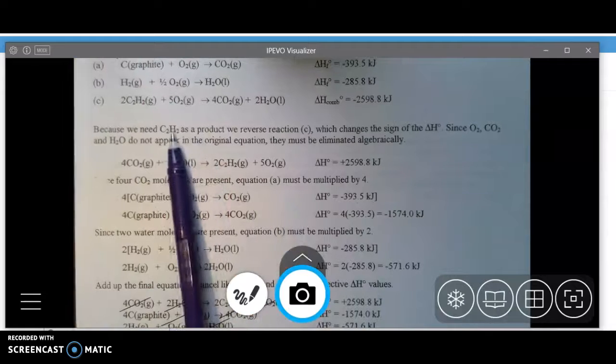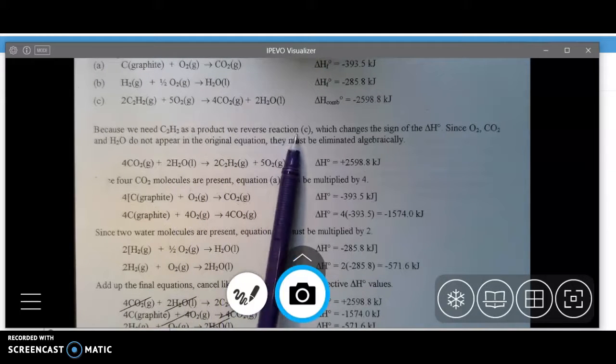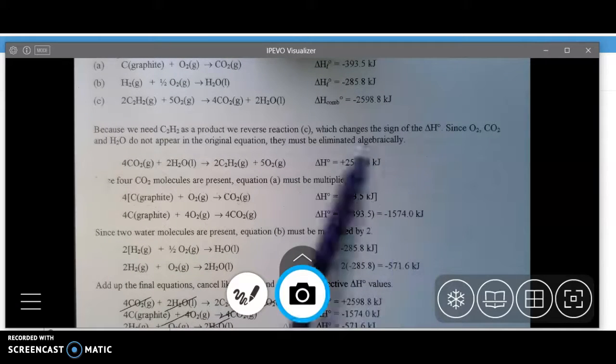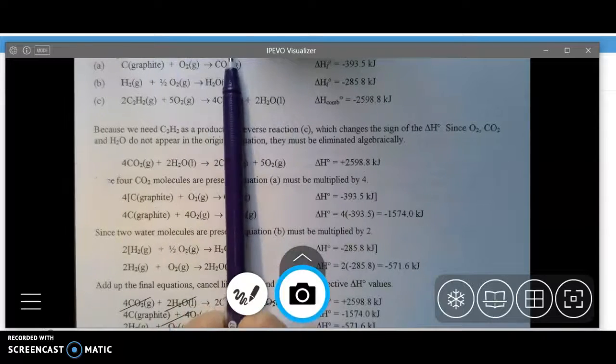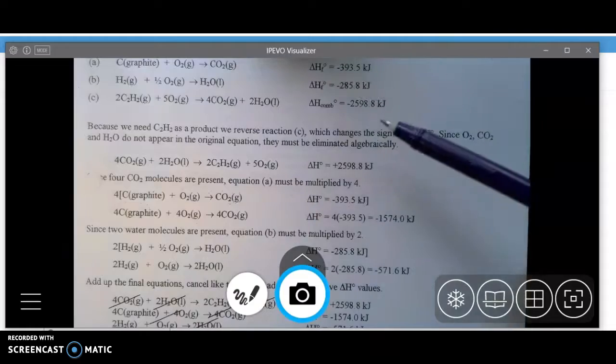So first thing I'm going to do is I need C2H2 as a product, so we're going to reverse reaction C, which changes the sign of delta H. Oxygen, CO2, and water do not appear in our original target equation, so we just have graphite and hydrogen in our target equation.